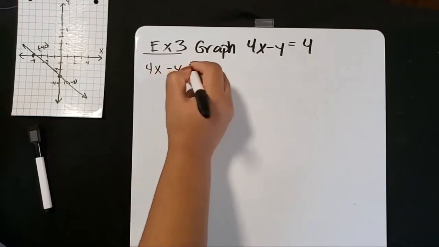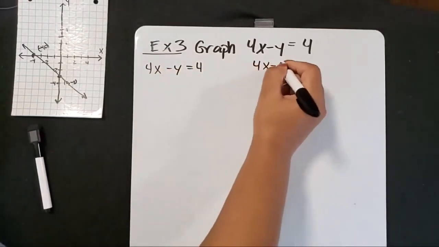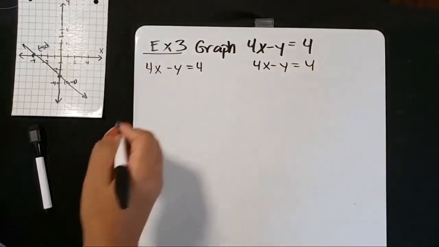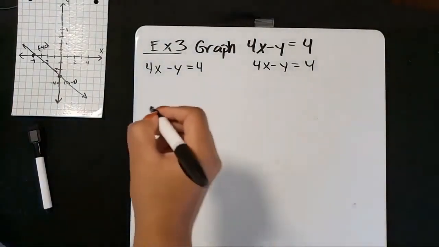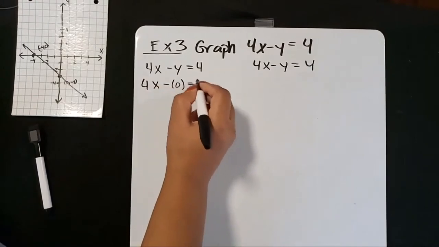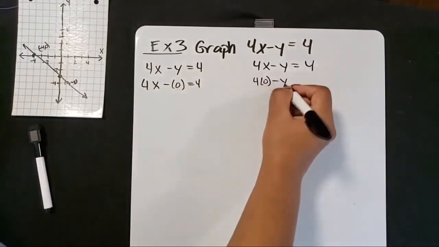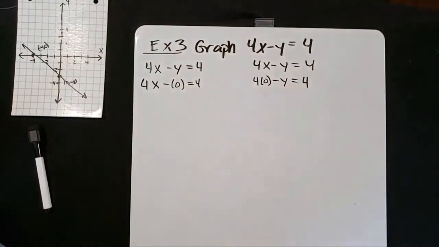So just to write out all the steps to make sure that everybody is clear, we want to plug in a 0 for the y, and we're going to plug in a 0 for the x.